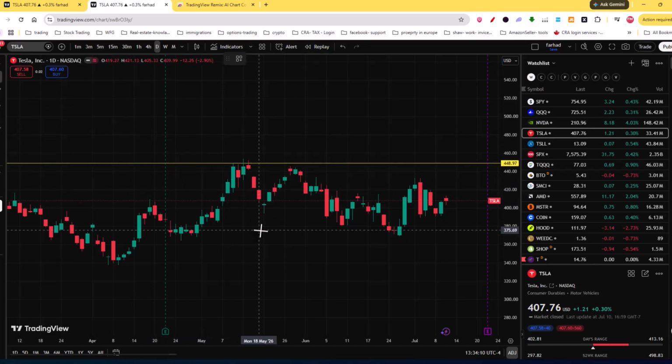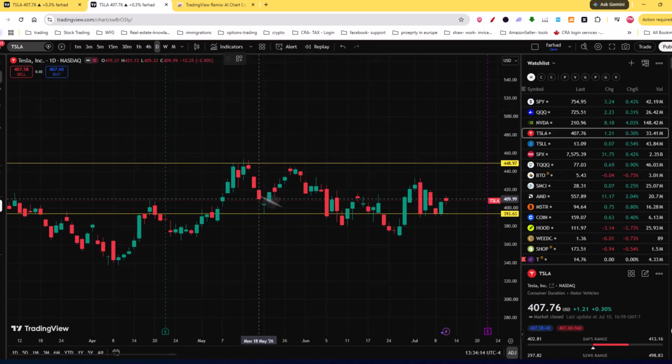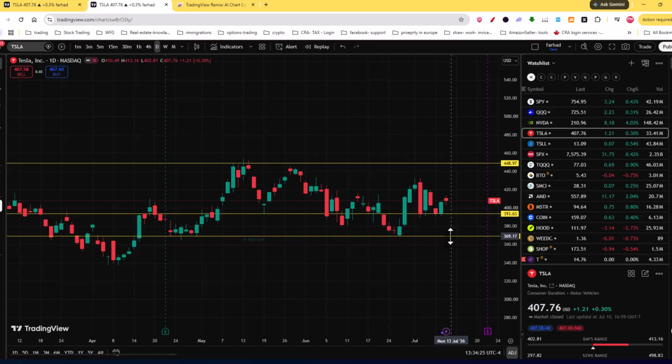That's what I do every morning, or every time I'm drawing. I go to the areas of support and resistance and mark them, and it gives me an indication of where the areas of interest are.